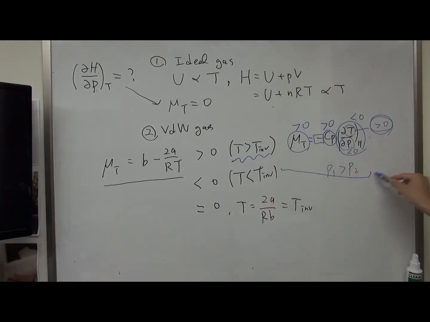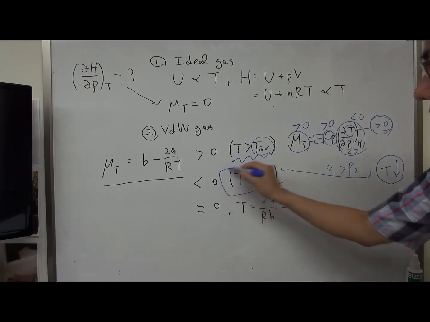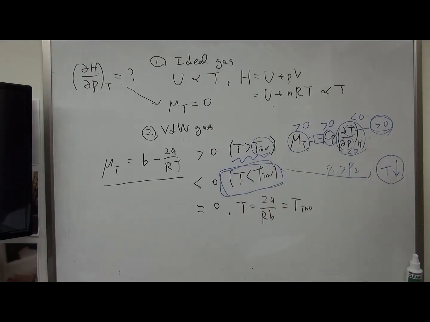Temperature decreases. And for most gases, actually almost all gases, this inversion temperature is really high, which means that normal temperature that we are doing experiment is the case of this. So if you do this kind of experiment for most gases, temperature decreases.